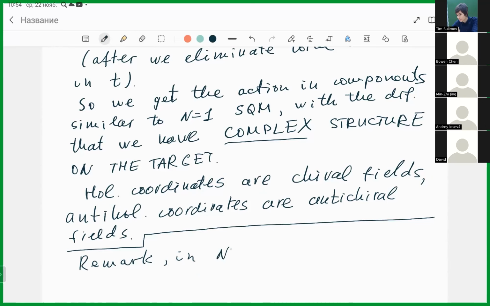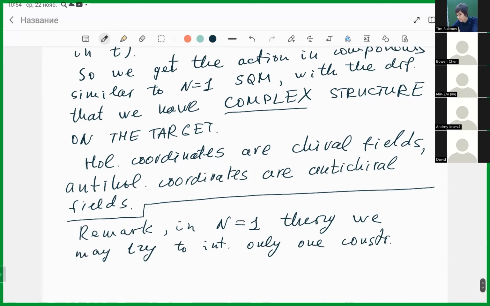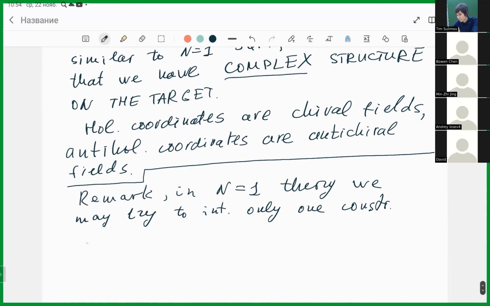In n equals 1 theory, we may try to introduce only one constraint. You may try to impose this condition. So I used function f. Okay?